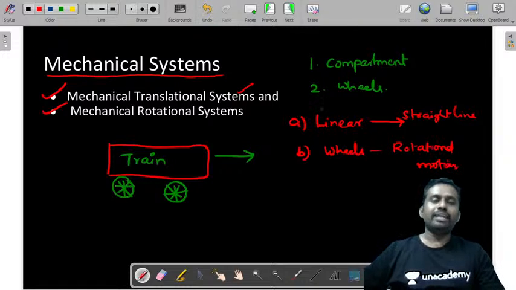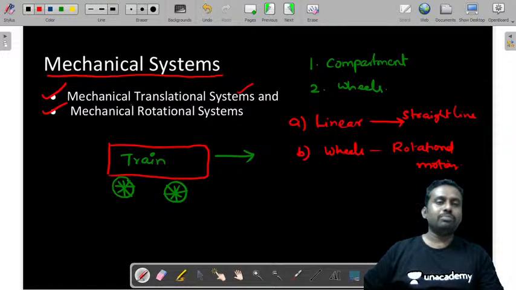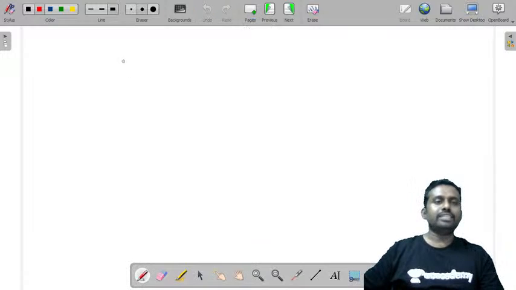So in most mechanical systems you have these two: the mechanical translational system and the mechanical rotational system. We will derive the transfer function for these mechanical as well as electrical systems. But before that, I will just tell you in simple terms what a transfer function is.